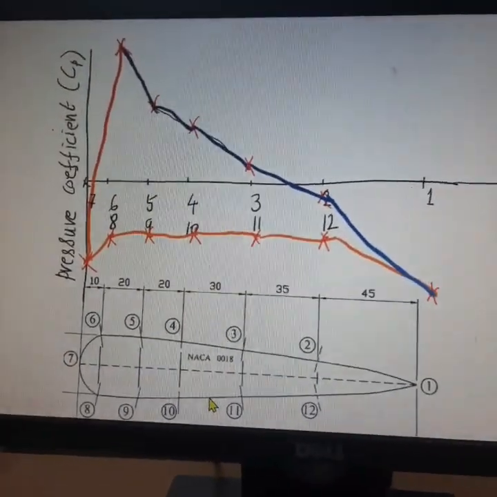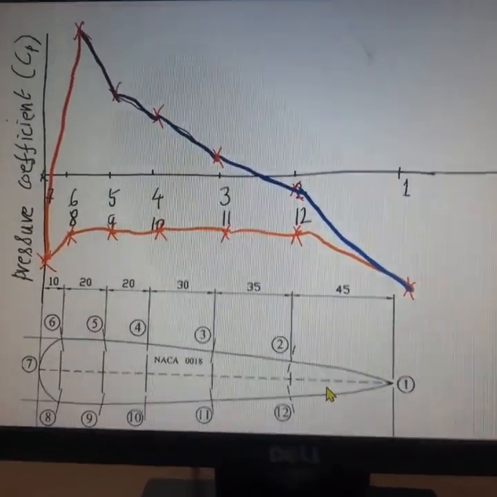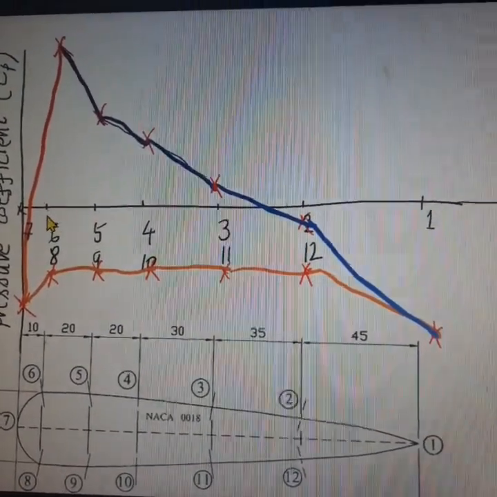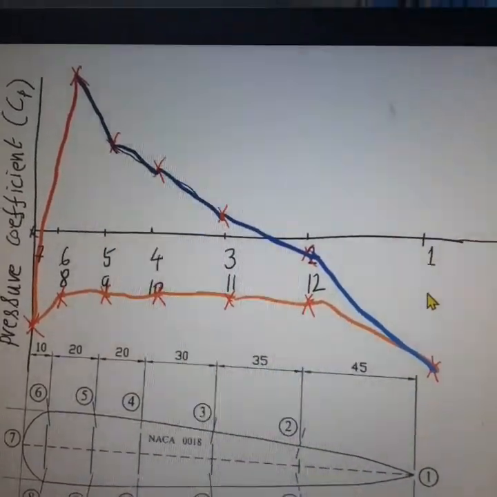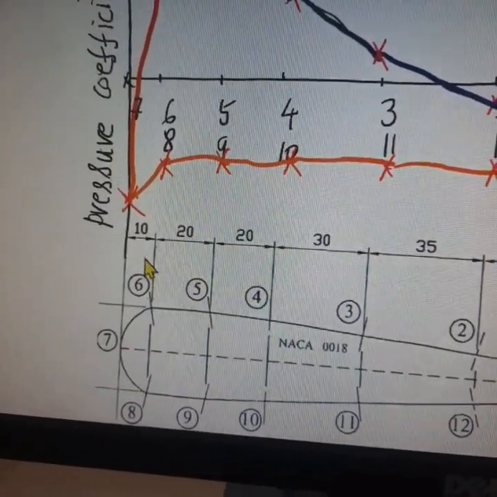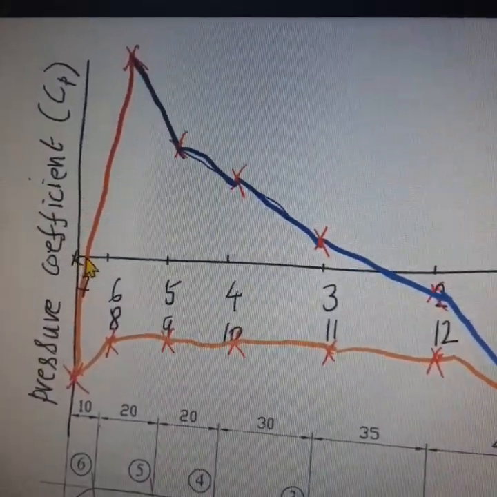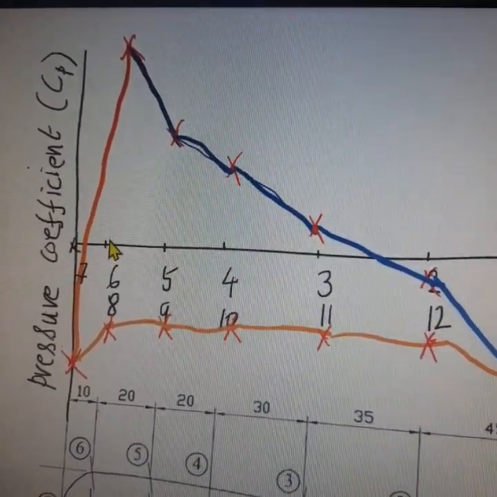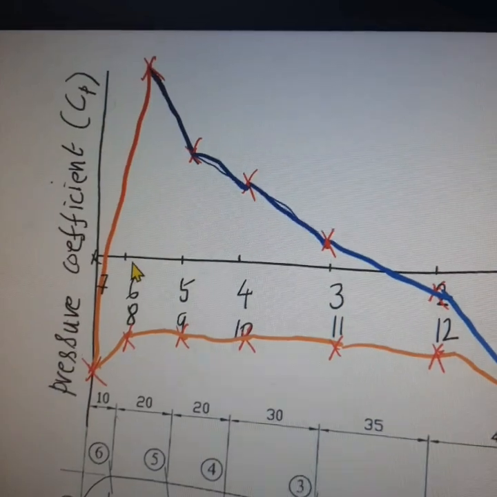Now this model is drilled with 12 pressure tapping points. On the x-axis, we are going to show all the 12 points with a 1:1 scale. For example, the 6th point is at a distance of 10 centimeter, so from the origin we have to mark a line at 10 centimeter denoting pressure tapping point 6.